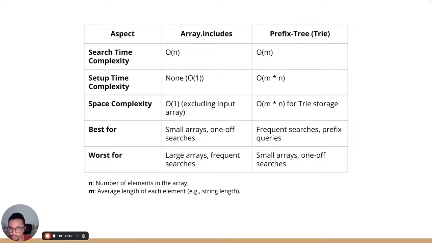Space complexity is O(1) in the array includes because we are excluding the input array, and the prefix tree is O(M multiplied by N) for trie storage.